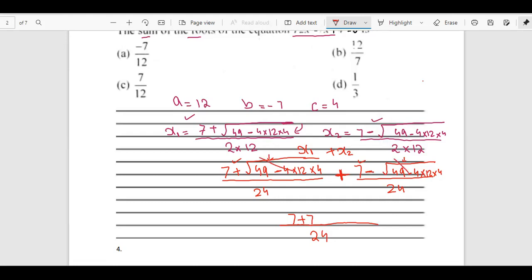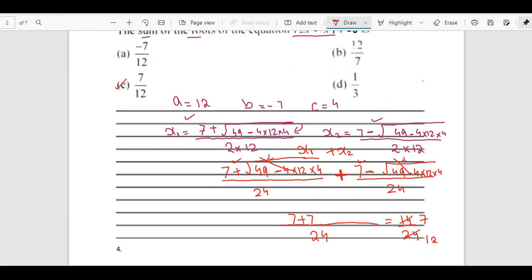So now I have 14 by 24. I can easily cancel this out, so this would be 7 because 2 into 7 is 14 and this would be 12. So I have 7 by 12 as the answer. So this is the C option, right? So this was the answer.